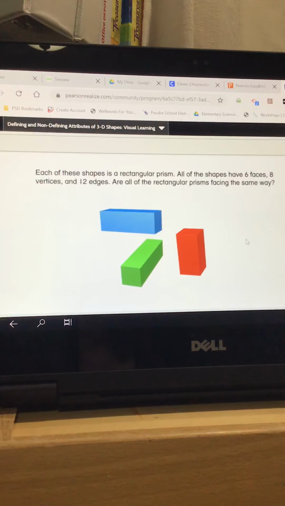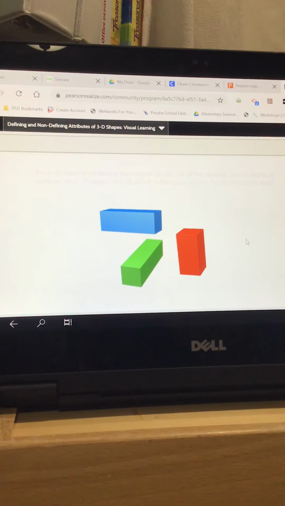Each of these shapes is a rectangular prism. All of the shapes have 6 faces, 8 vertices, and 12 edges. Are all of the rectangular prisms facing the same way? No, they are not all facing the same way. Are all of the rectangular prisms the same size?